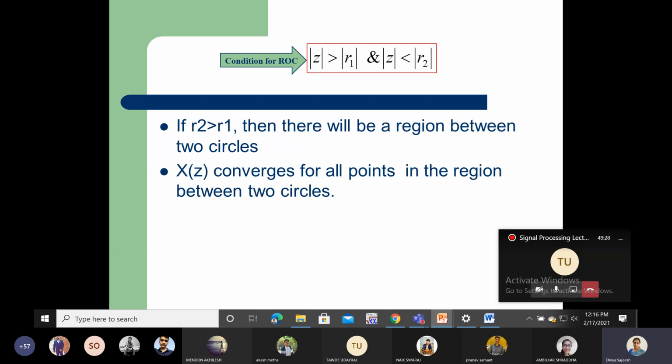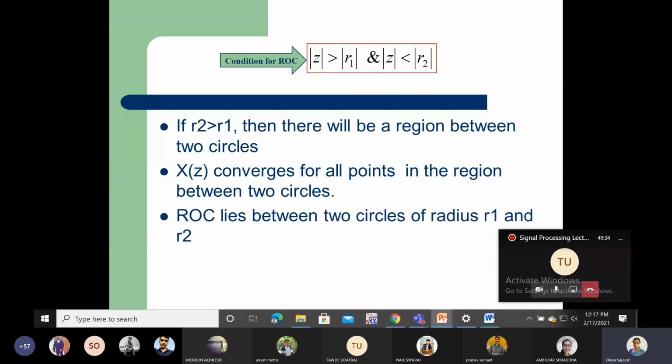So as per our condition, x of z converges for all points in the region between two circles, or lies between the circle of radius R1 and R2. If I graphically draw that, we have two circles, one with radius R2, the exterior circle, and the interior circle R1.